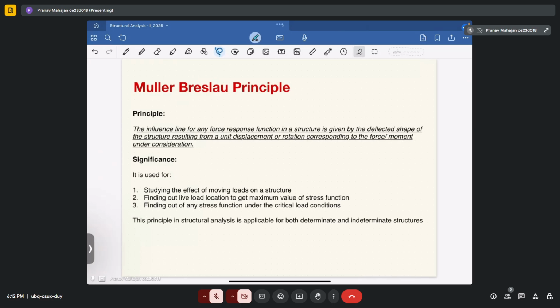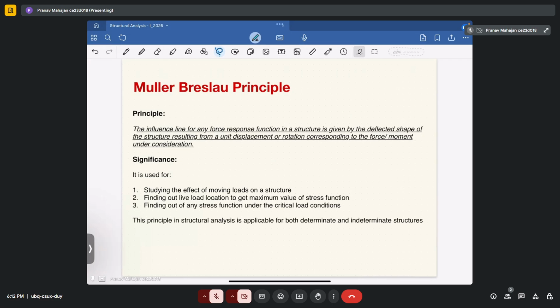The Muller Breslau Principle tells you that the influence line for any force response function in a structure is given by the deflected shape of the structure resulting from a unit displacement or rotation corresponding to the force or moment under consideration.